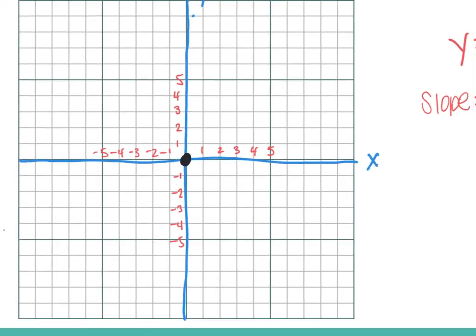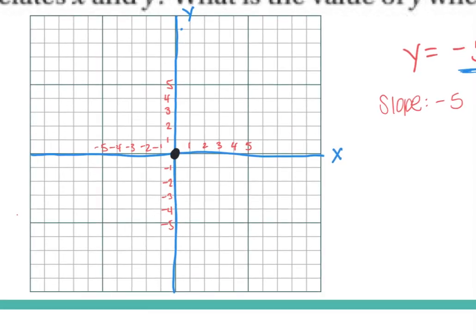So now using the fact that our slope is negative 5, and slope is rise over run, negative 5 is the same as negative 5 over 1, correct? So our rise is negative 5 and our run is positive 1.